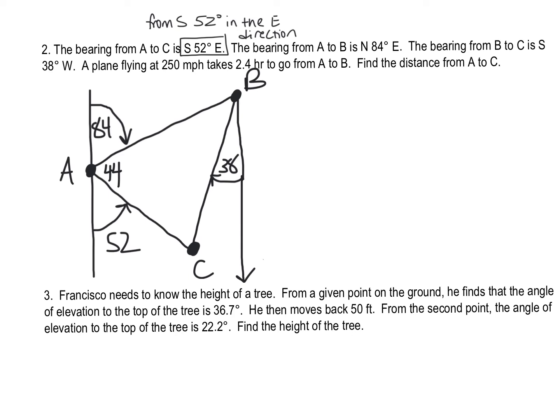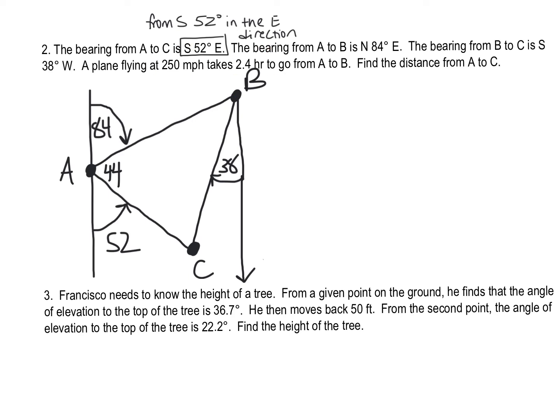Okay, so a plane flying at 250 miles an hour takes 2.4 hours to go from A to B. So my plane's going this direction, but it didn't tell me how far it traveled. It did tell me the speed and the hour.